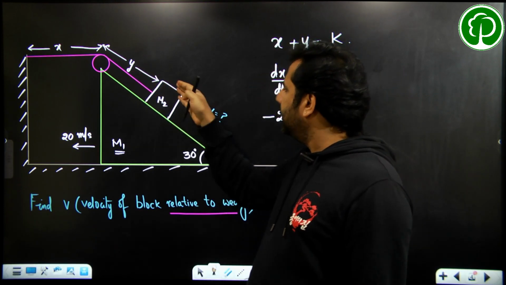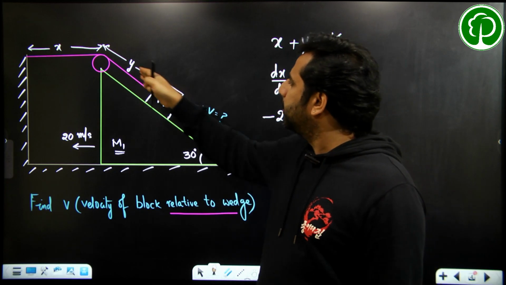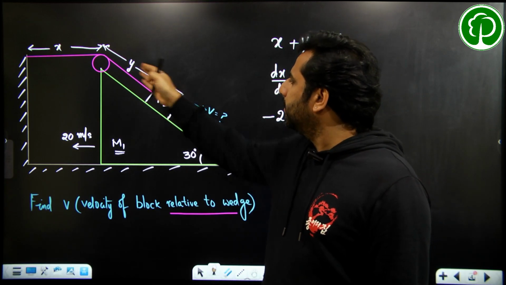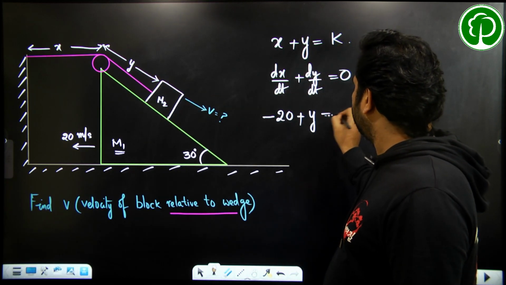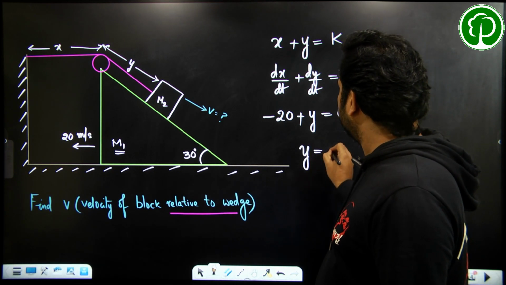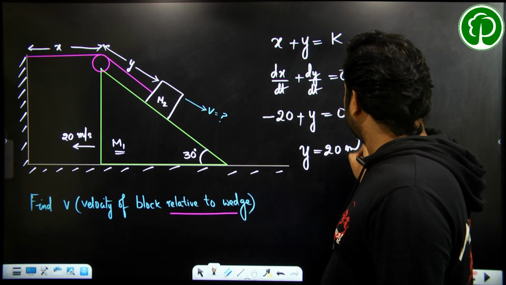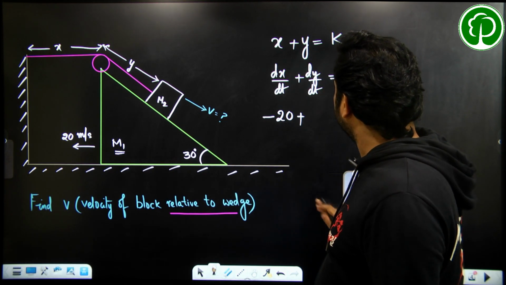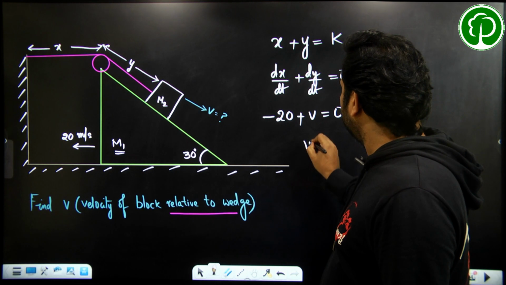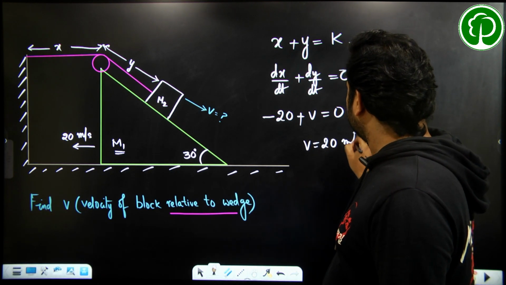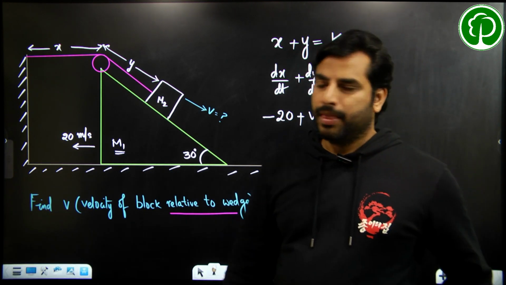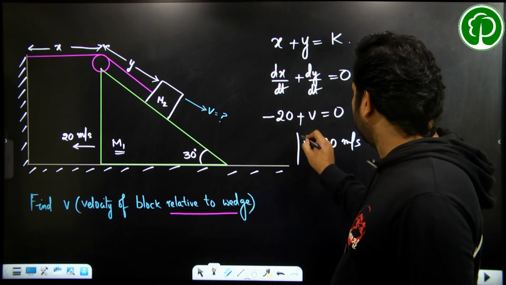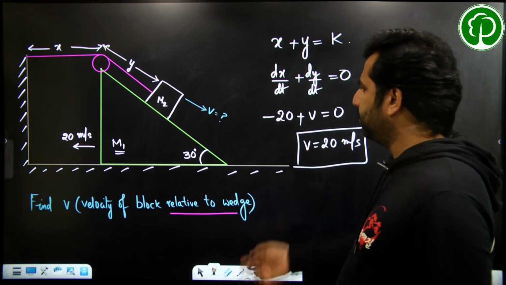So dy by dt is v, which is plus v because it is in the direction of increasing y. So minus 20 plus v is equal to 0. So v is equal to 20 meter per second, dy by dt, that is v. That's all. The velocity of the block relative to the wedge is simply 20 meter per second.